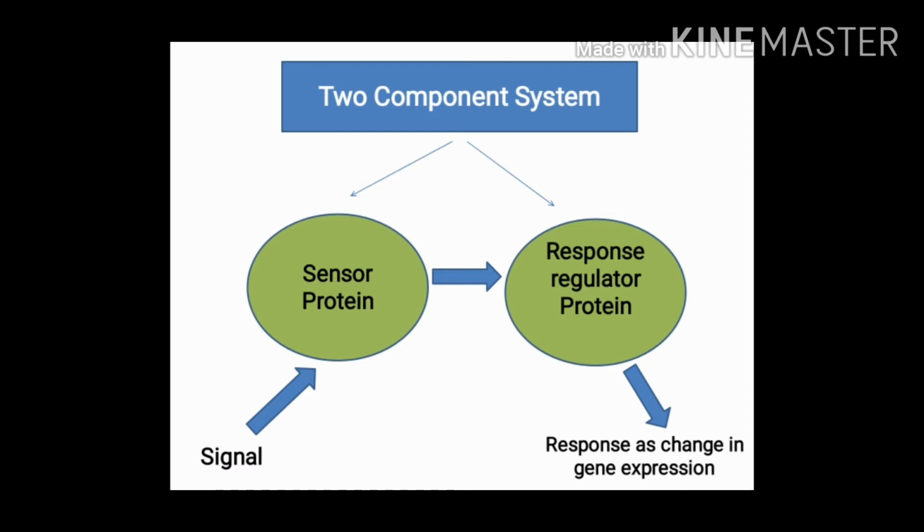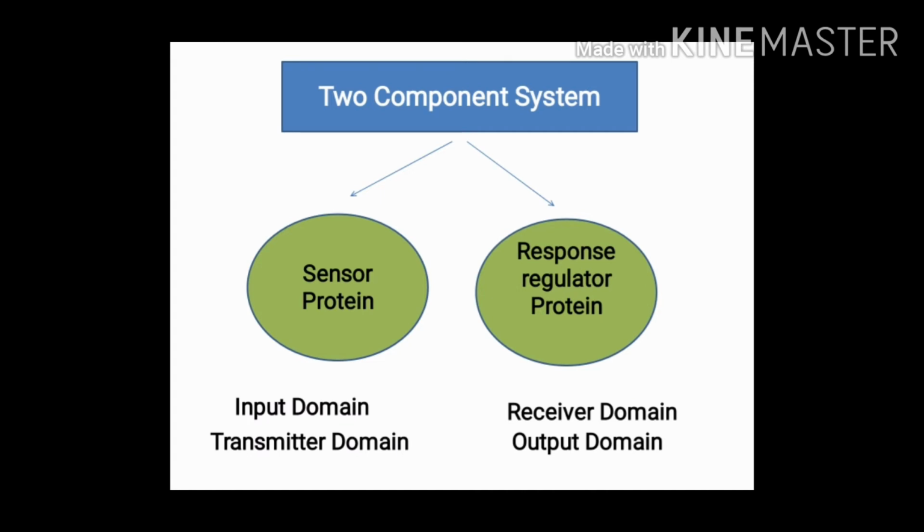The sensor protein consists of two domains, input domain and transmitter domain, while response regulator protein also consists of two domains named as receiver domain and output domain. The input domain of sensor protein receives the environmental signal as its input.